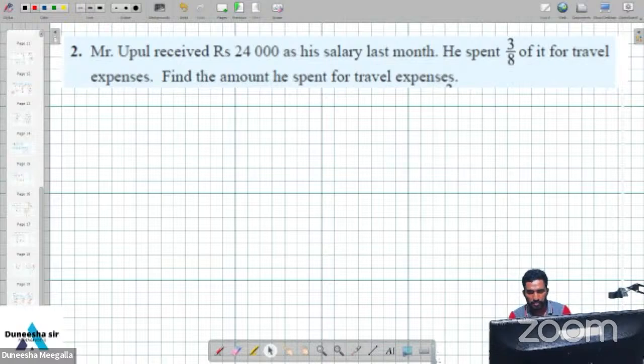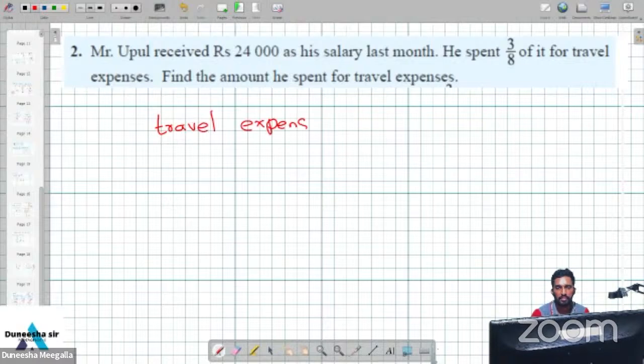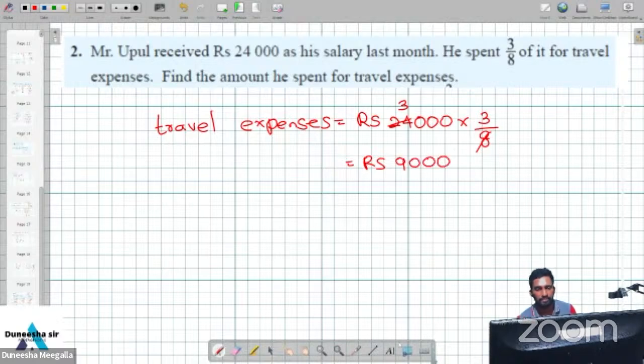How much the answer? Shapni, how much the answer is? Travel expenses equal to 24,000 have to multiply by 3 over 8. How much the answer is? 9,000. Okay.